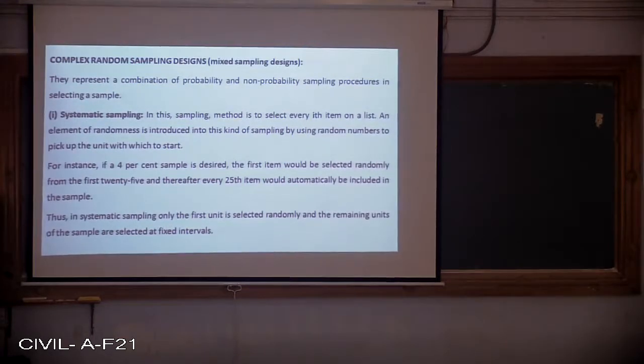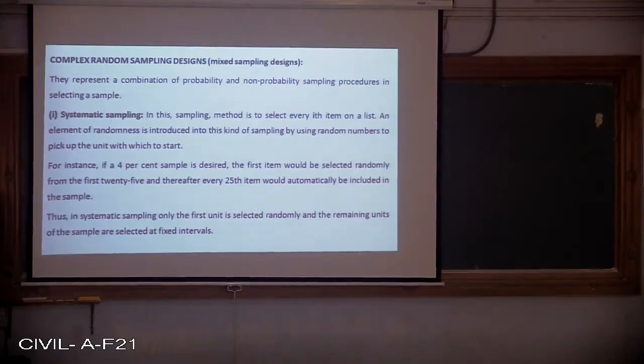Next comes complex random sampling design. They represent a combination of probability and non-probability procedures. In that you have systematic sampling. In this, the sampling method is to select each ith item on the list, and an element of randomness is introduced into this kind of sampling by using random numbers to pick up the unit with which to start.